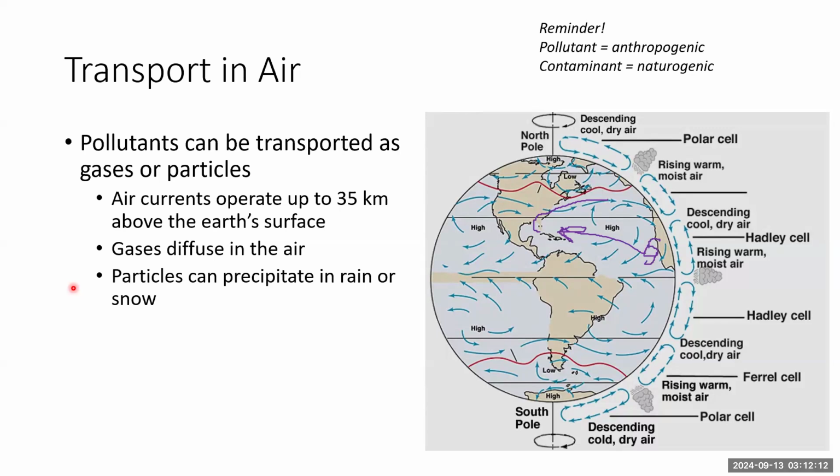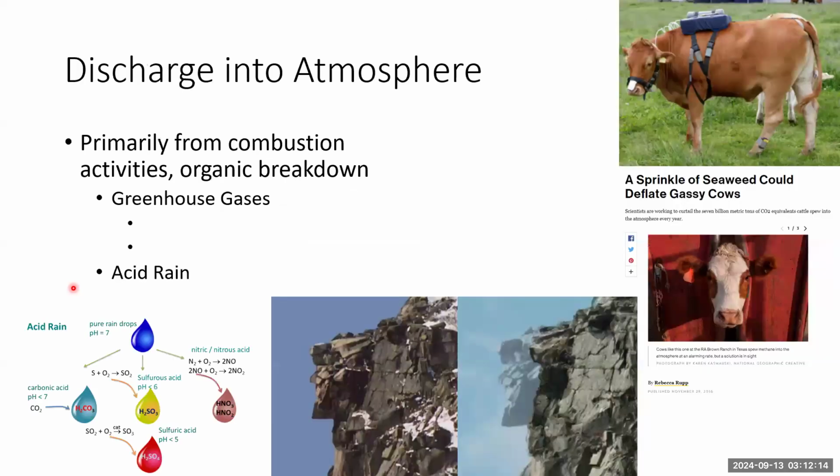So how do things get into the atmosphere? Things are going to get into the atmosphere primarily from combustion. So we get a lot of inputs coming from combustion. And when we talk about combustion, we're mainly thinking about fossil fuels, but also wildfires. There's currently quite a lot of wildfires going on in the West.